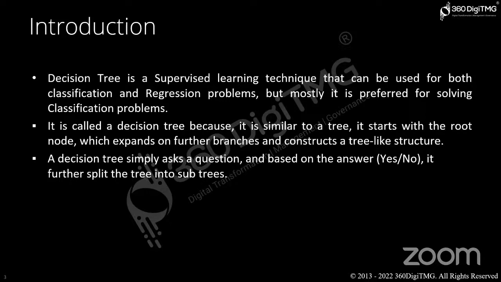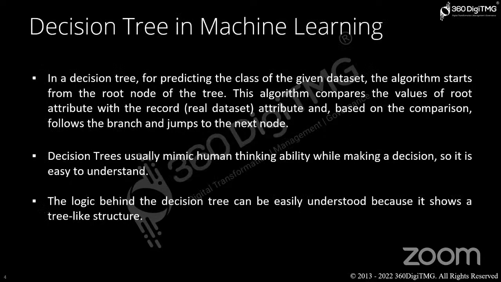The decision tree algorithm can be used for both classification and regression problems, but it is mostly preferred for solving classification problems. It is called a decision tree because it is similar to a tree. It starts with the root node, which expands into further branches and constructs a tree-like structure. A decision tree simply asks a question, and based on the answer, yes or no, it further splits into subtrees. So what is a decision tree in machine learning?